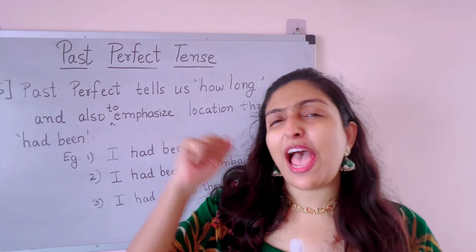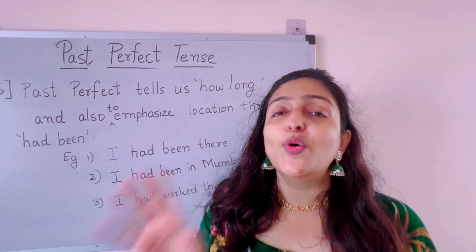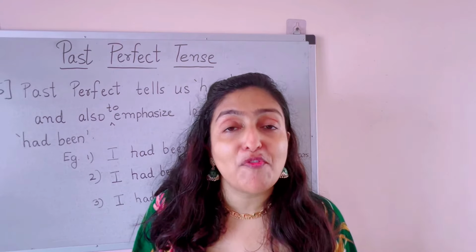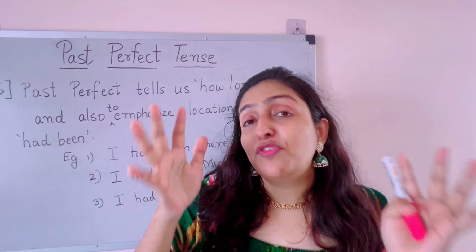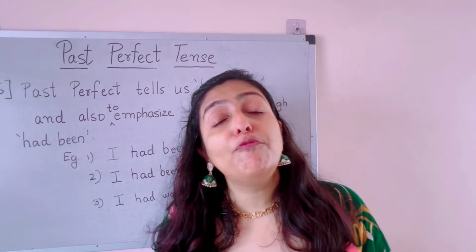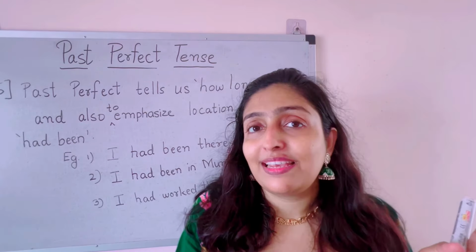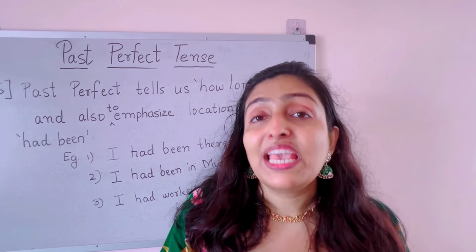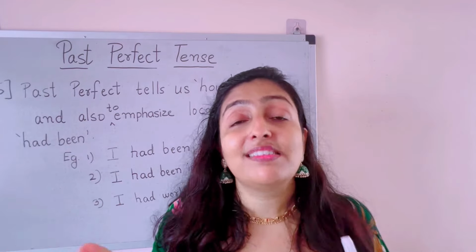I have taken this rule from rule 6 of present perfect. The only difference is that was in present and this is in past perfect. To be precise, it is the usage of the expressions been, has been, have been, had been. In rule 6 of present perfect, I had specified that has been and have been imply location. It is used to emphasize the location.